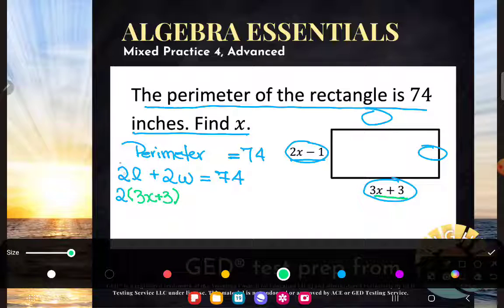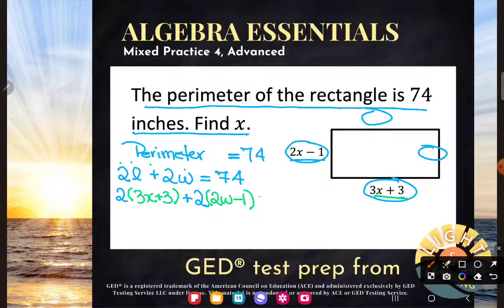Okay, I got my 2, I got my L, now I need my plus and my other 2, and now I'm supposed to have my width, and my width is complex, so I'm going to use parentheses, it's 2 terms, to multiply by 2w minus 1, and that whole thing has got to be equal to 74.